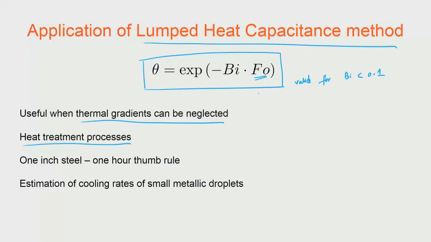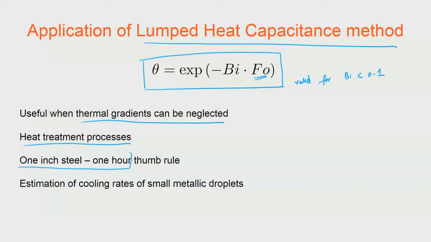When we do these kinds of calculations and substitute the properties of steel, we would see that for a heat treatment temperature of about 750 degrees centigrade, cooling to a temperature of easy handling like 50 degrees centigrade, a 1-inch thick steel would take about an hour to cool down, when the heat transfer coefficient with air is about 5 SI units.